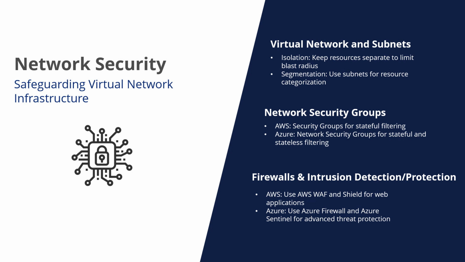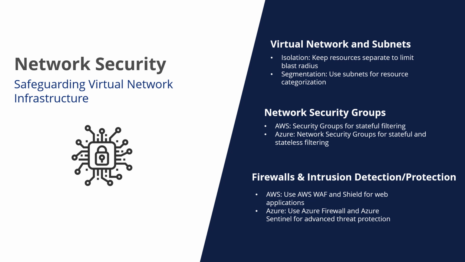AWS Shield itself was designed to protect against distributed denial of service, or DDoS, attacks. And Shield provides additional security against larger and more sophisticated attacks, in addition to offering a 24/7 DDoS response team at AWS.